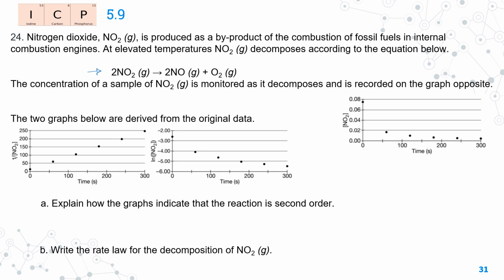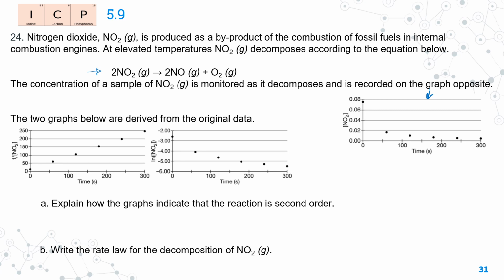The concentration of the sample is monitored as it decomposes and recorded in the graph. So there's the first graph that we got that's just concentration versus time. Two other graphs were derived from the original data: one over the concentration versus time, and the natural log of concentration versus time.